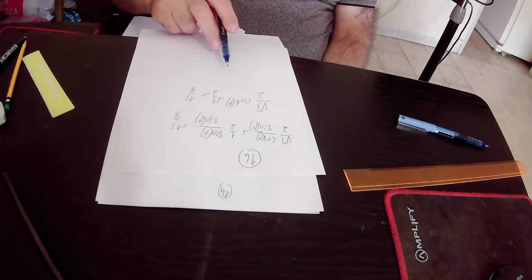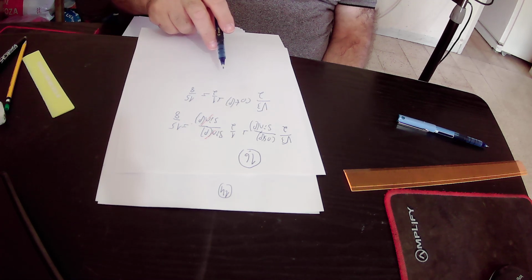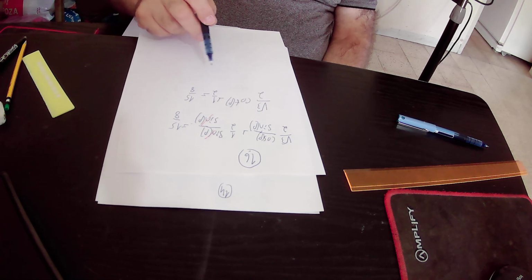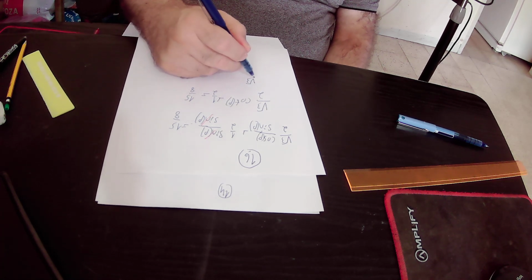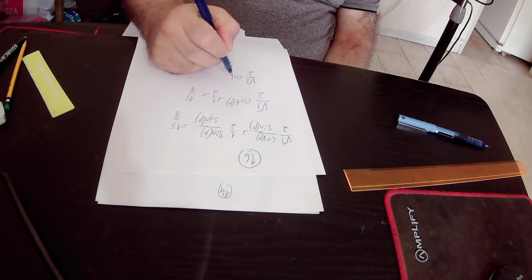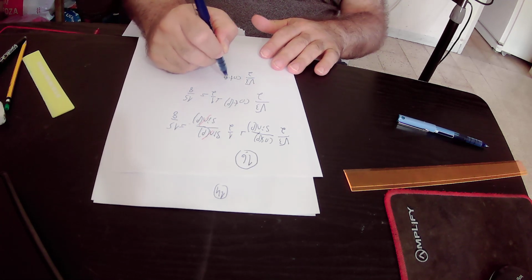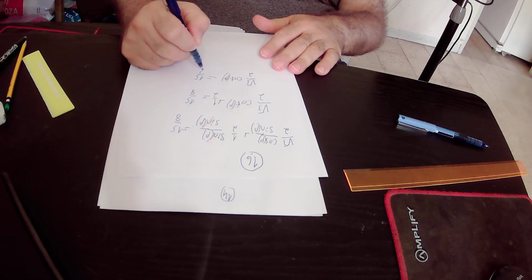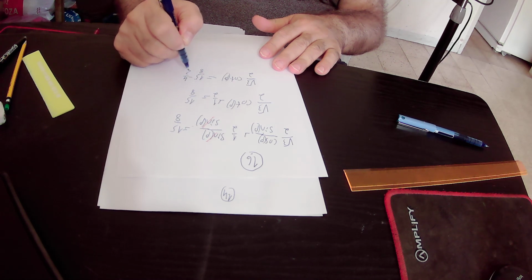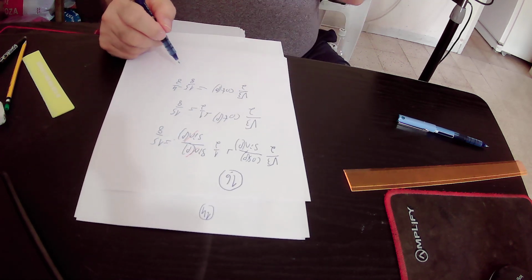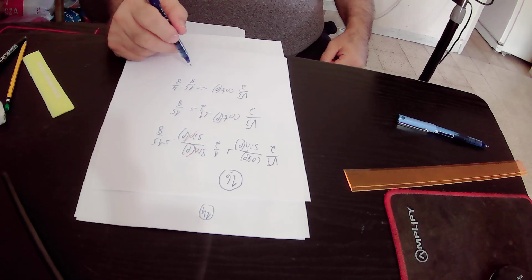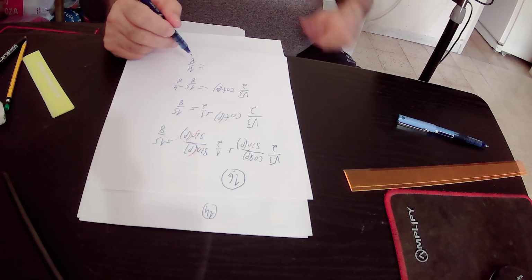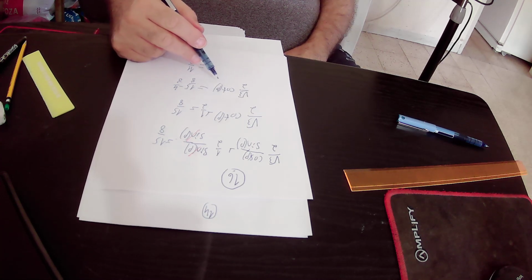Actually, 1 over 2 is 4 over 8, so we will subtract 4 over 8 from this equality, and we will get that root 3 over 2 times cotangent p equals 15 over 8 minus 4 over 8. And 15 over 8 minus 4 over 8 is 11 over 8, and it equals root 3 over 2 times cotangent p.